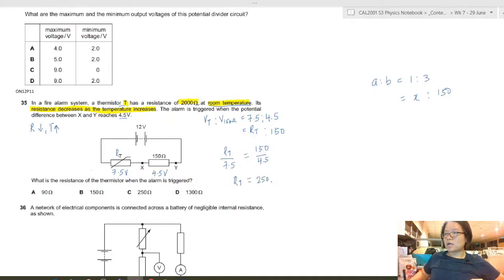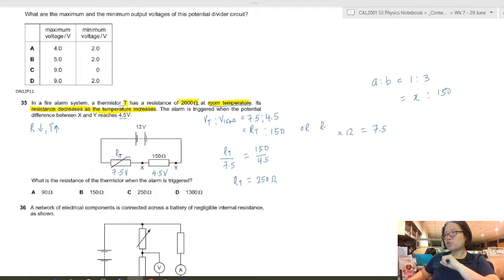Another way to solve it would be, you can say we are now trying to divide 12 volts between RT and 150 ohm, such that the outcome for RT is that it gets 7.5 volt.